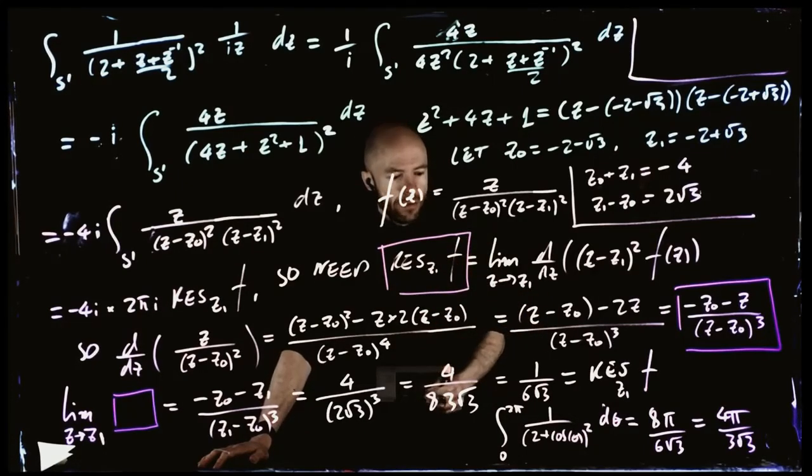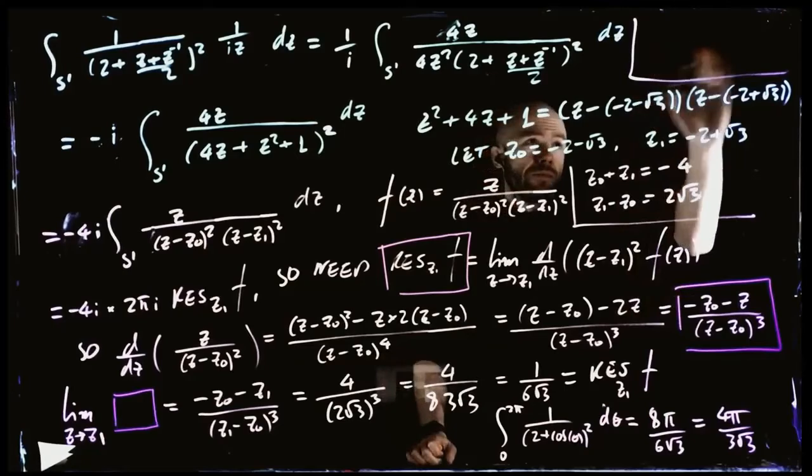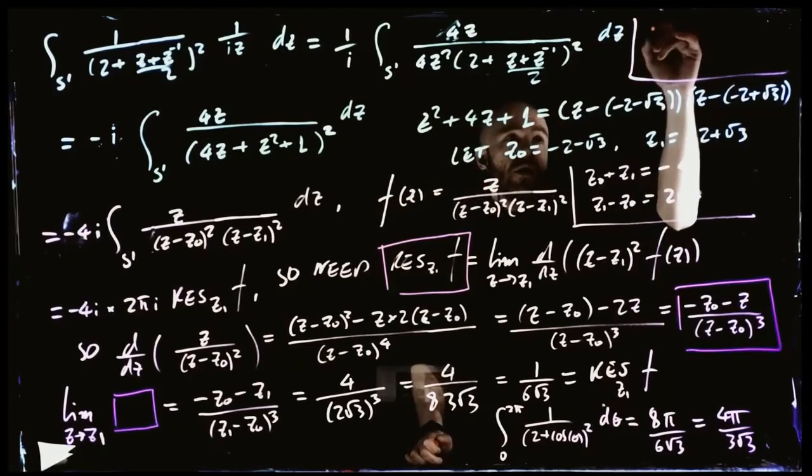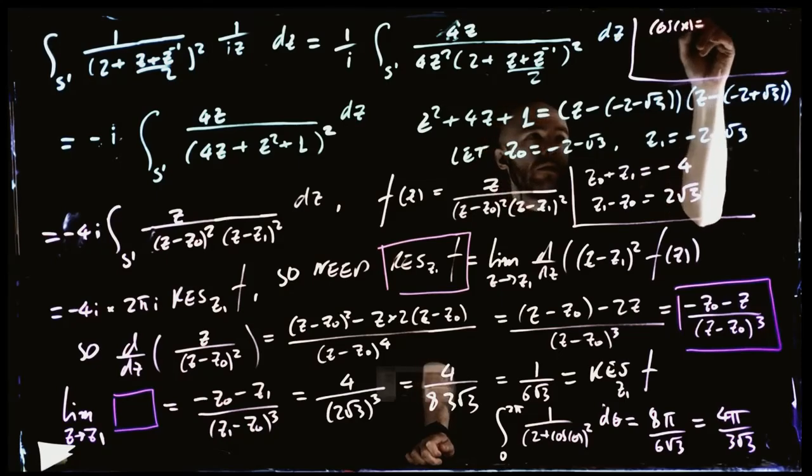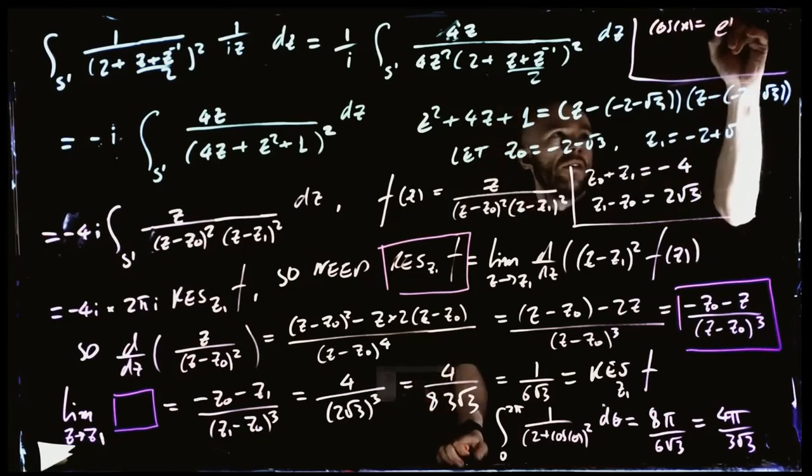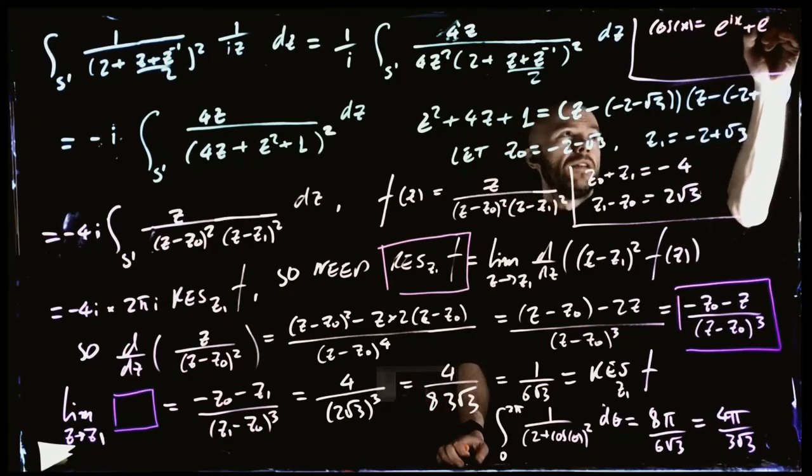This method uses the fact that we can recover the expressions of sine and cosine from these guys. Again, we do this again: e to the ix plus e to the minus ix over 2.